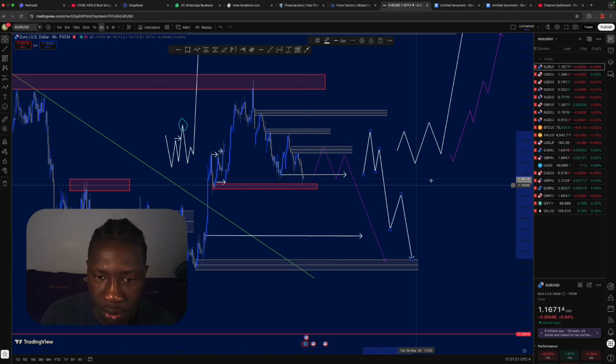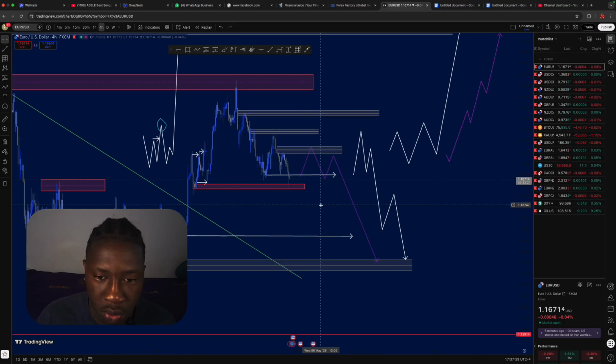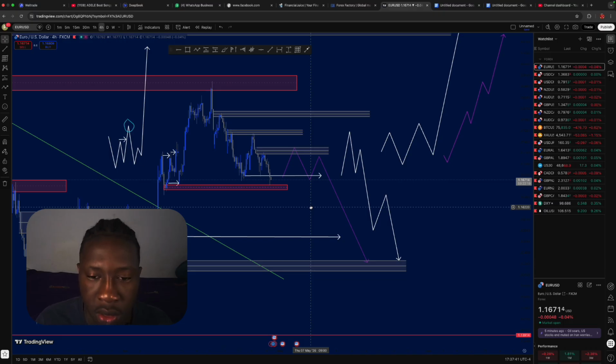It will reach this one with a setup like this one. But I need a confirmation again, not this one, because this one is not that strong.